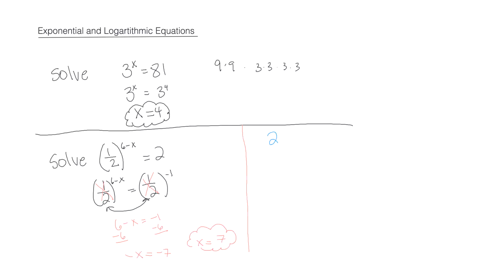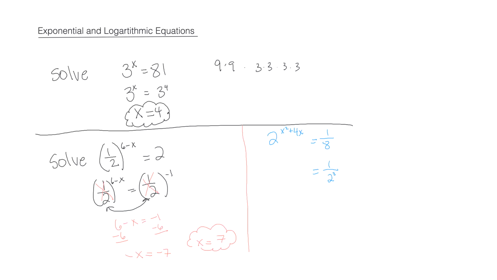2 to the x squared plus 4x equals 1/8. Now 1/8 is really 1/2 cubed.